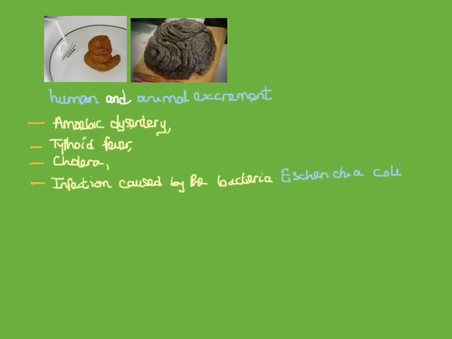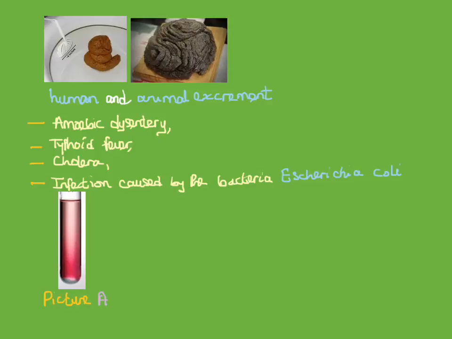But how can we test if an unknown colorless liquid contains water or if it is pure? If water is present in a liquid, that liquid will behave as follows.